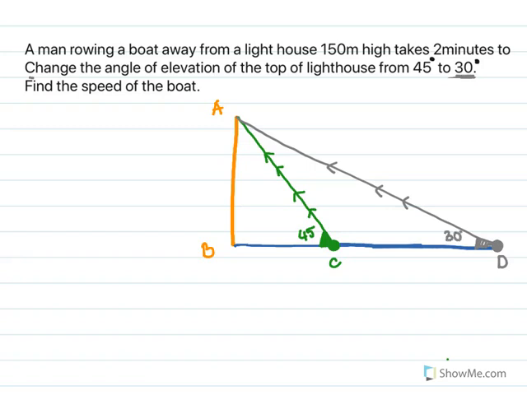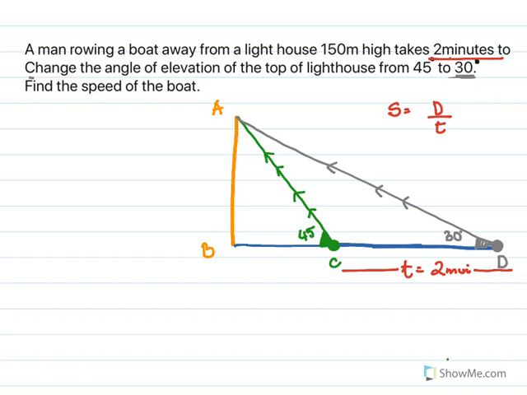Another important point to note here is he takes 2 minutes to move from one point to another. So from C to D, the time he has taken is 2 minutes. We need to find the speed of the boat. Whenever we want to find speed, we know speed equals distance over time.